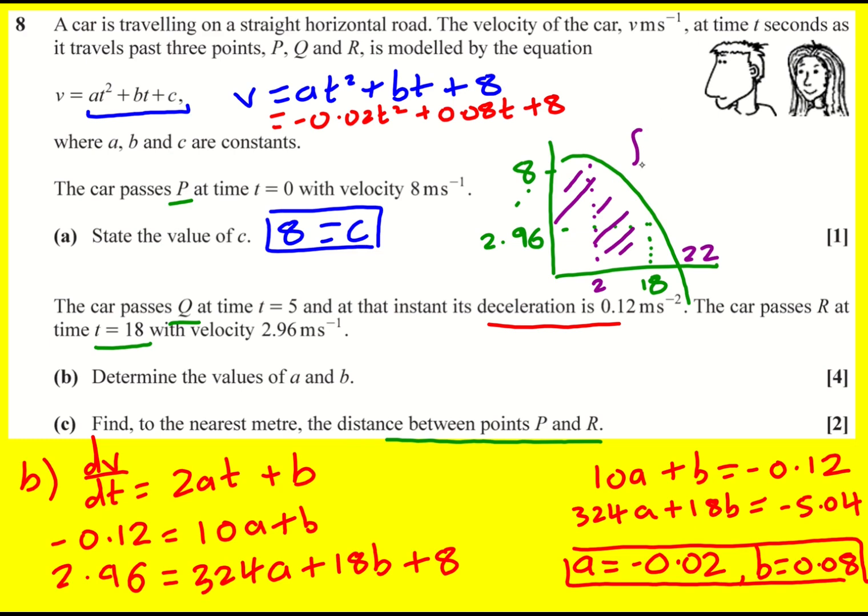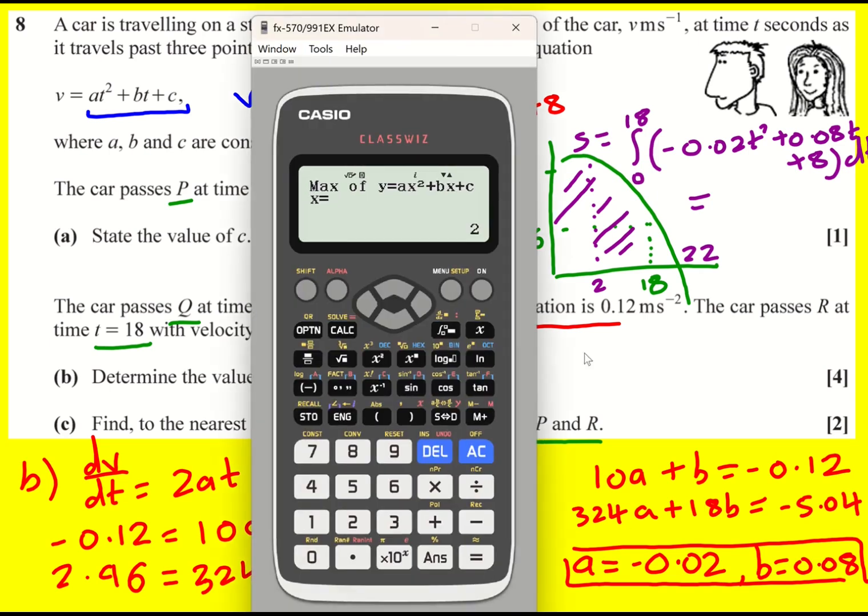Therefore, I've got an integral from time is equal to 0 up to 18 of the velocity. I should have said that. That's how we're going to get the distance. It's the area under the graph, so it's the integral of this. But again, because this is mechanics, we don't need to show any more working. It's only 2 marks. Instead, just use this little function here.